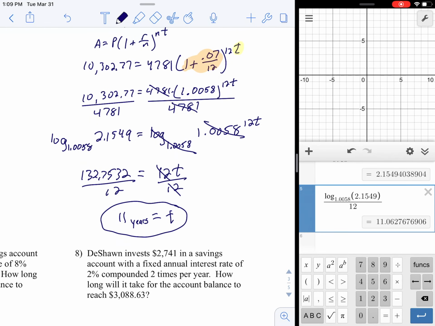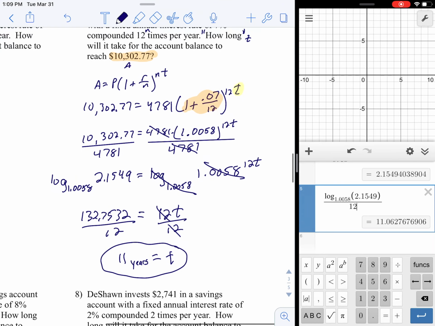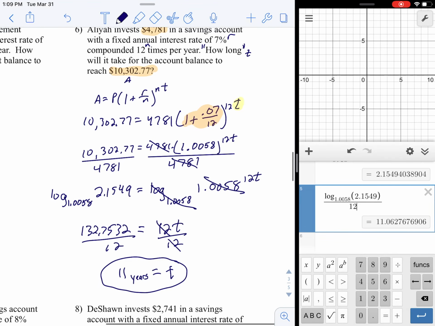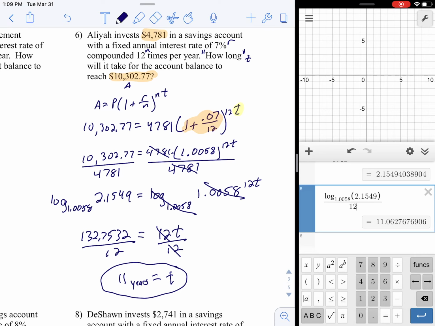Although most people borrow money and then pay it back, so they pay interest instead of earning interest, but that's a whole other philosophical debate on how to manage your personal finances. So I won't get into that. Let's just say this was a financial problem. We used the compound interest formula, which is an exponential formula, which can be solved with logarithms.